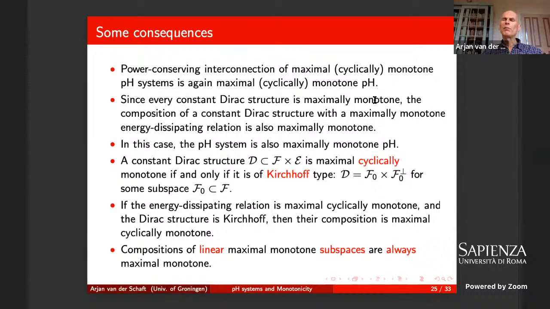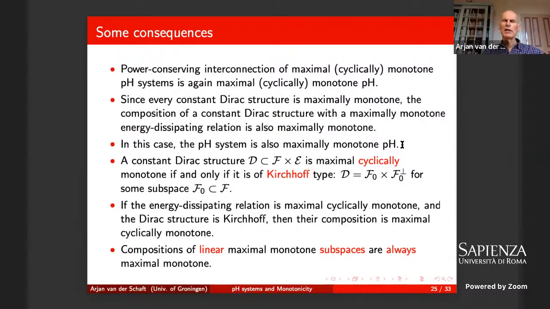If we come back to ordinary port-Hamiltonian systems, you can easily show that constant Dirac structures are also maximally monotone. Thus the composition of a constant Dirac structure, as we did in the cartoon, with energy dissipation that is assumed maximally monotone, is also going to be maximally monotone.